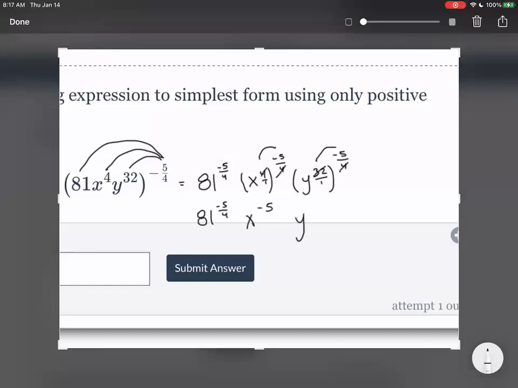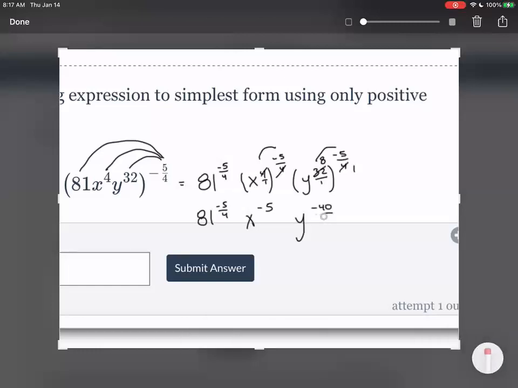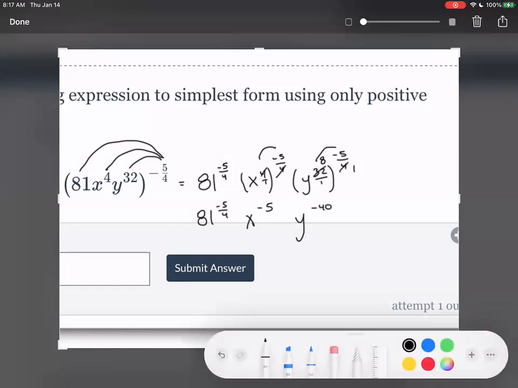So cancel. This 4 becomes a 1, the 32 becomes an 8. So then we can multiply straight across. It becomes 8 times negative 5 is negative 40 over 1 times 1 is 1. So it's negative 40 over 1. But we can just write that as negative 40 because negative 40 divided by 1 is negative 40.